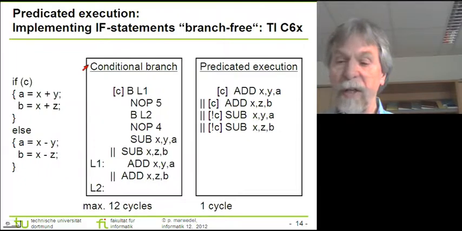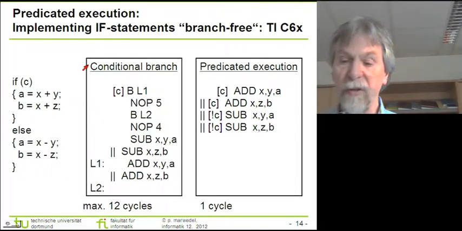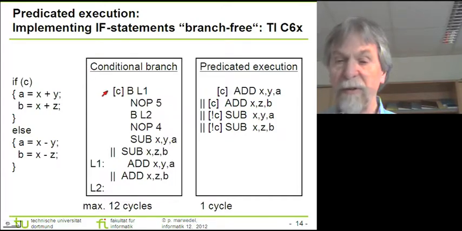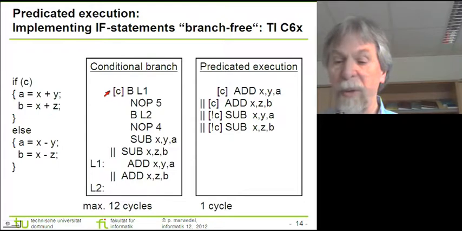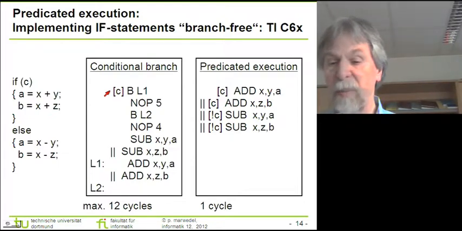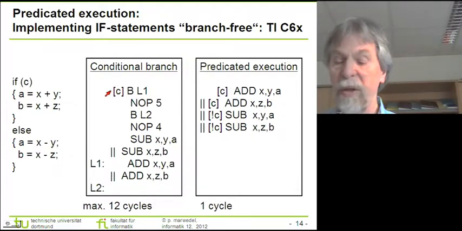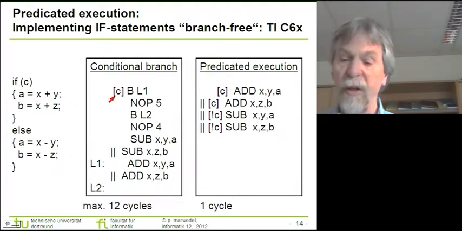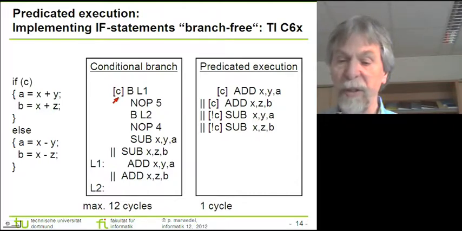Then for the TI architecture, we can implement this if statement using conditional branches. So this is how it works with conditional branches. First of all, we are executing a predicated unconditional branch, which means that we are branching depending on the value which is encoded there in this predicate field.